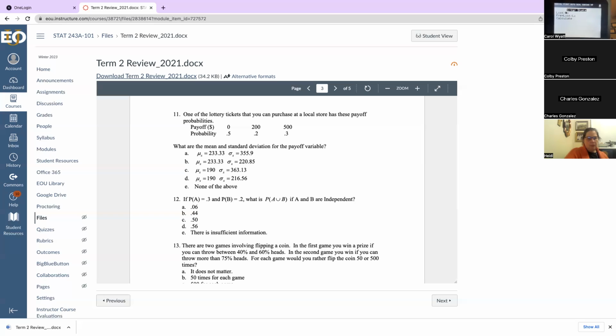L2, not 2. Put in L2. Oh, there we go. That's the problem. How do I get the L on there? I don't see an L on here. If you hit the second button and then the number 2 button down here.